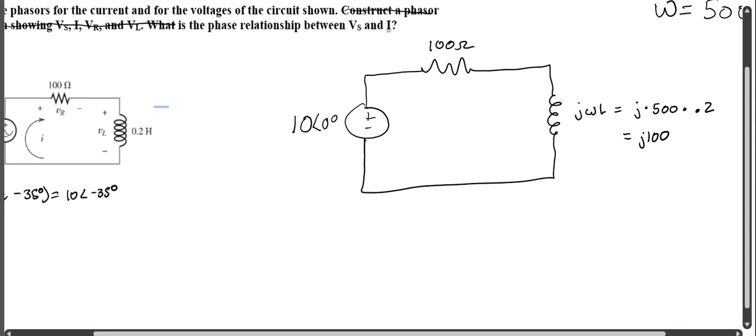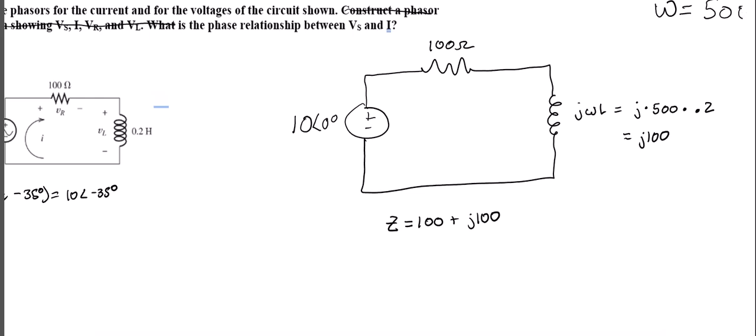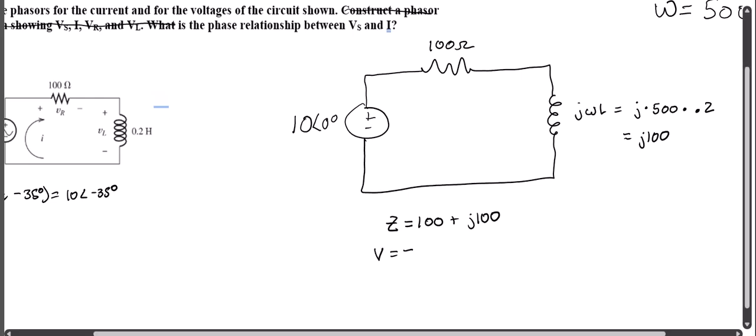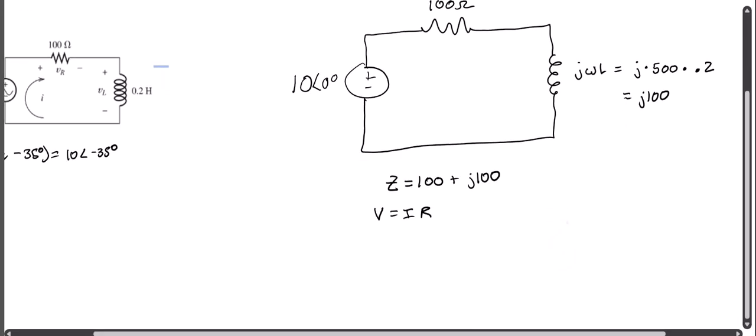All right, so what is my total impedance for this circuit? 100 plus J 100. And the units for impedance is still ohms. And I can still do V equals IR. So I can still say that 10 angle 0 equals I times, well here it'd be IZ, 100 plus J 100.